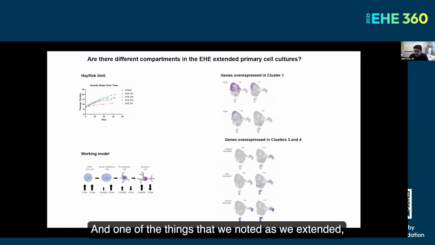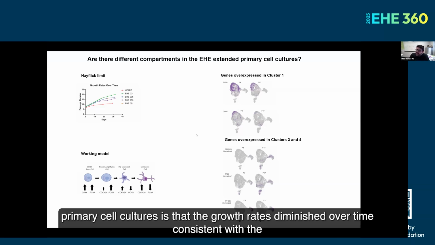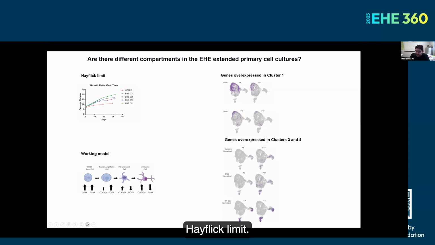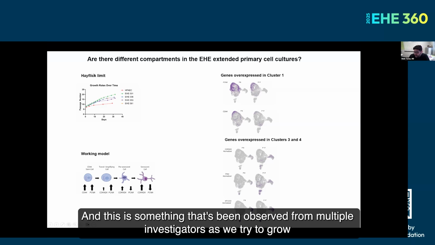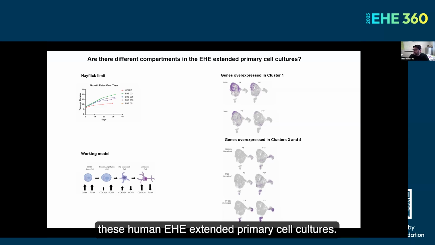And one of the things that we noted as we continued to passage these EHE extended primary cell cultures is that the growth rates diminished over time, consistent with the Hayflick limit. And this is something that's been observed by multiple investigators as we try to grow these human EHE extended primary cell cultures.